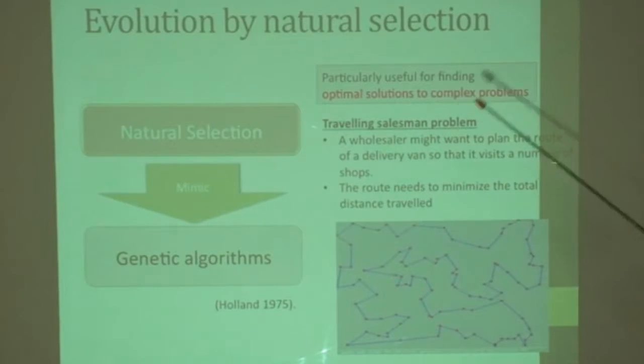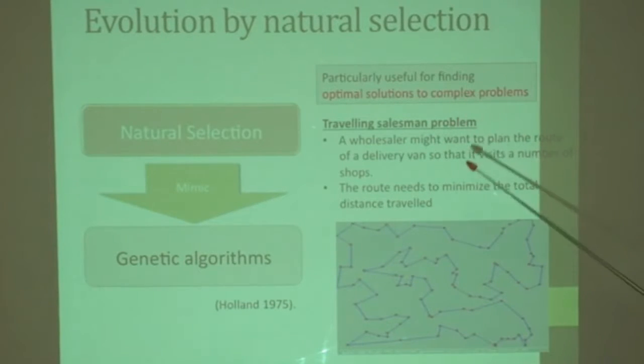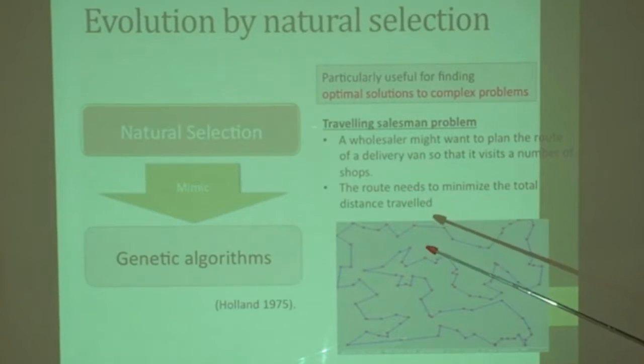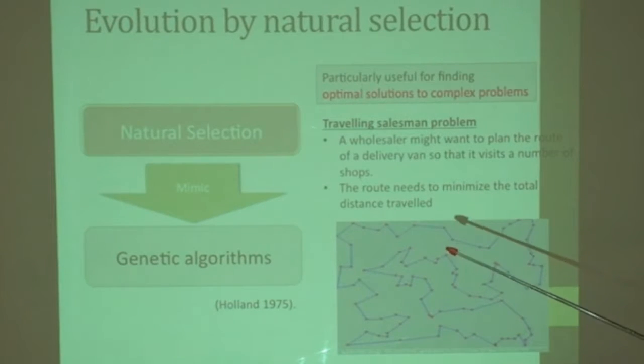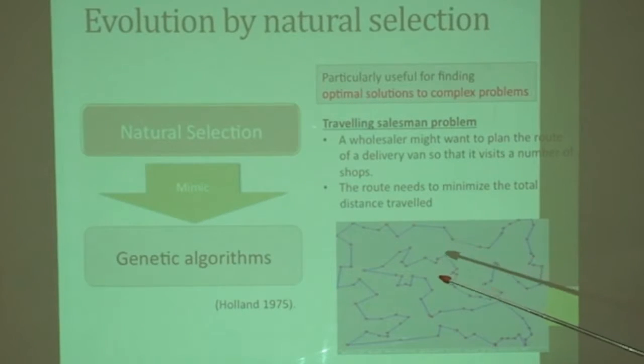This is the traveling salesman problem, and the problem is defined as follows. First, a wholesaler wants to plan the route of a delivery van so that it can visit a number of shops, and the route needs to be minimized to a rather small distance.